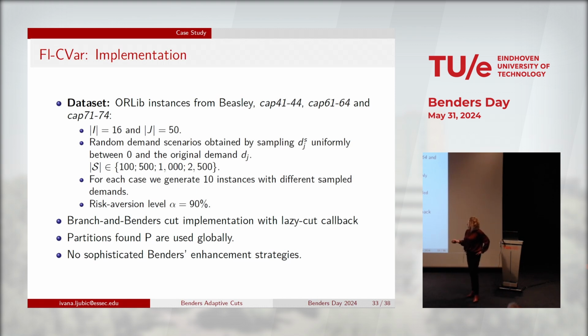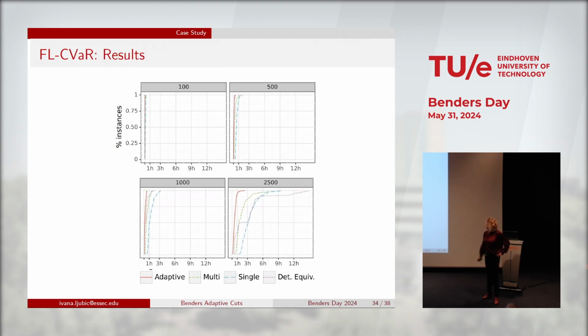And partitions that we find on the way are also applied globally, everywhere in the tree. And as I was mentioning, there is no sophisticated implementation. It's really bare-bone Benders, just to see the effects of adaptive Benders cuts.